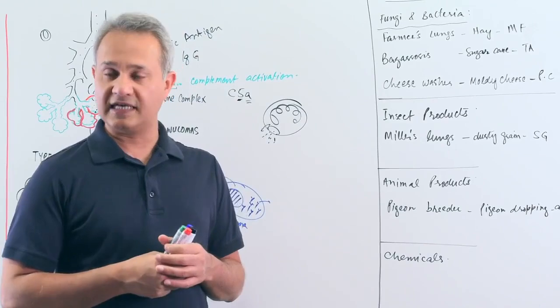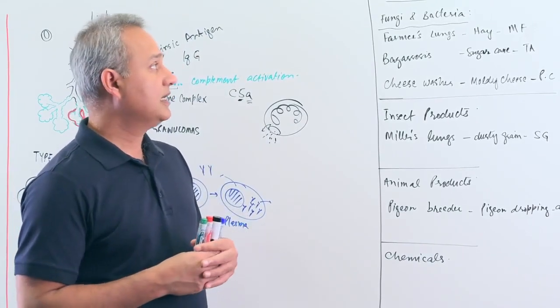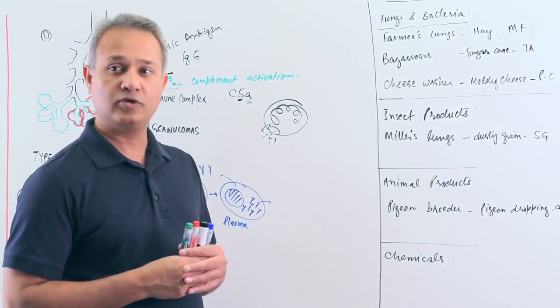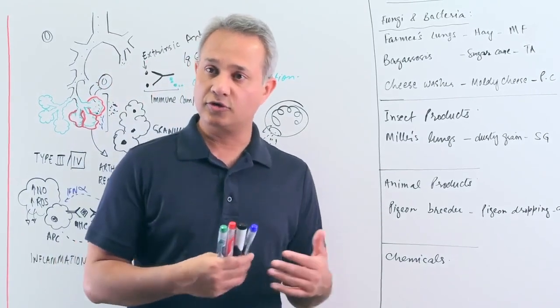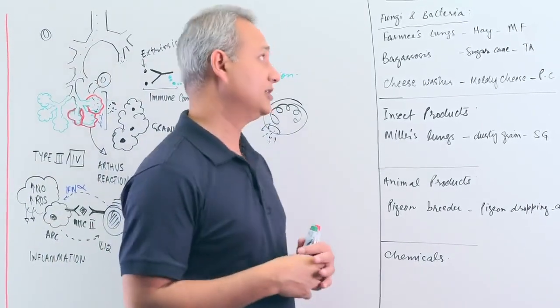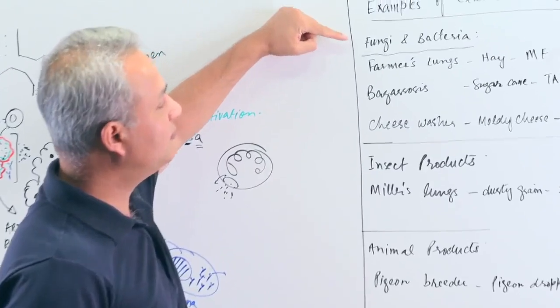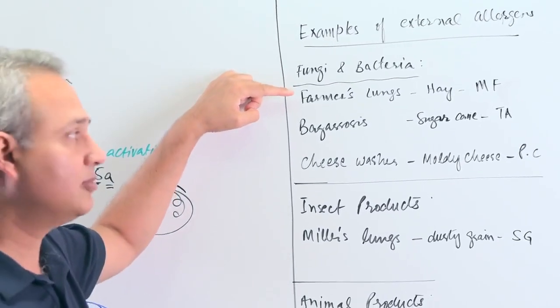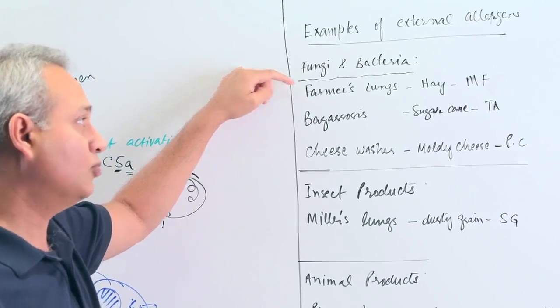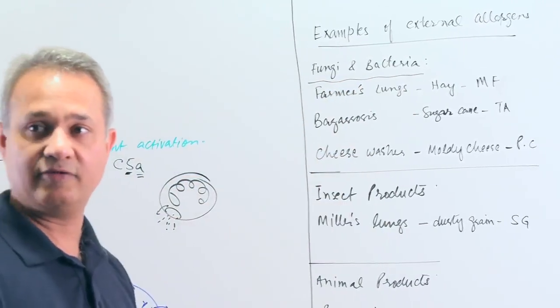Okay, now for some examples of the industries where the workers may get acute or chronic hypersensitivity pneumonitis. So let's look at that. So in fungi and bacteria, farmer's lung, very common. The farmers who go out and work with the moldy hay, they come back and they have a problem.